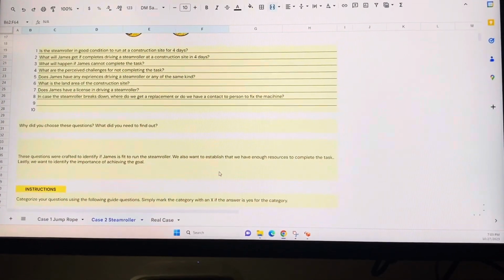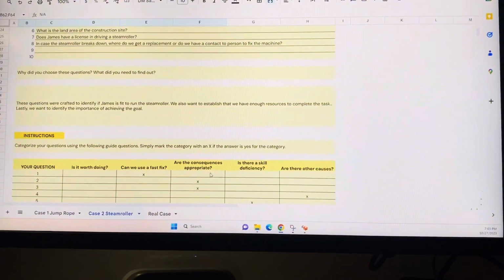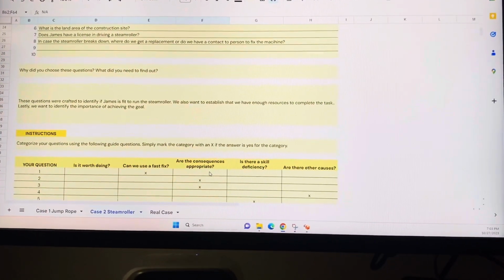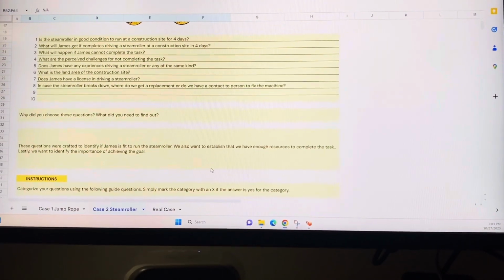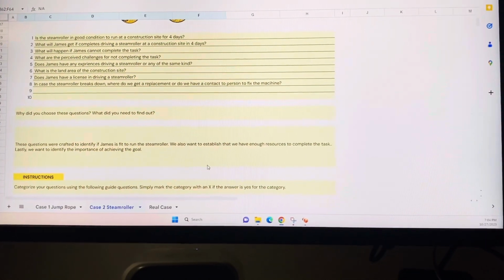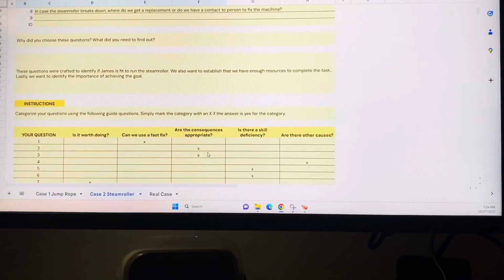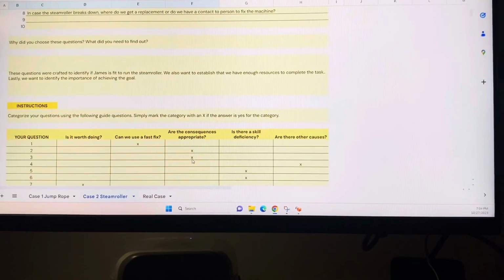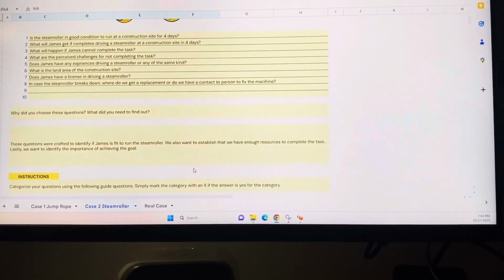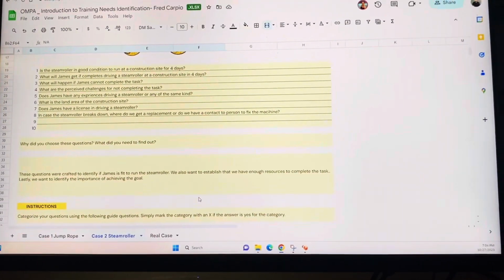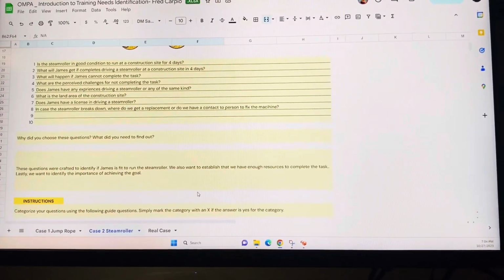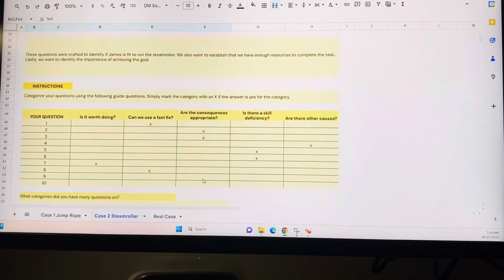The third one also falls under are the consequences appropriate, because we want to know the punishment if James won't be able to complete the task. Number 4 question, are there any other causes, because it's another obstacle or challenges question in completing this task.